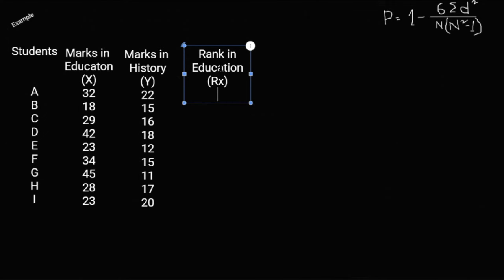The first step is rank in education, or RX. The highest mark in education is 45, so its rank is 1. Next is 42, rank 2. Next 34, rank 3.